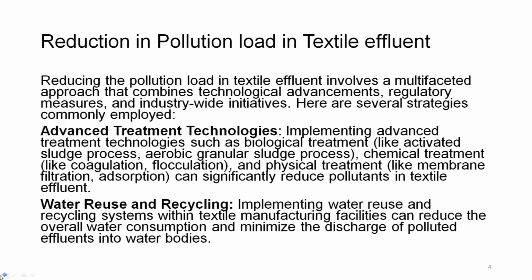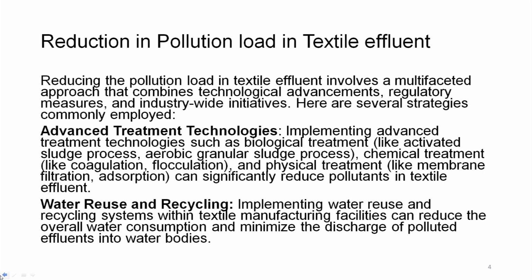Reducing the pollution load in textile effluent involves a multifaceted approach that combines technological advancements, regulatory measures and industry-wide initiatives. Here are several strategies commonly employed. Advanced treatment technologies, and we are aware of that, we have learnt about them.